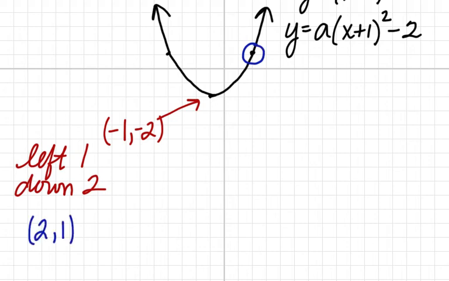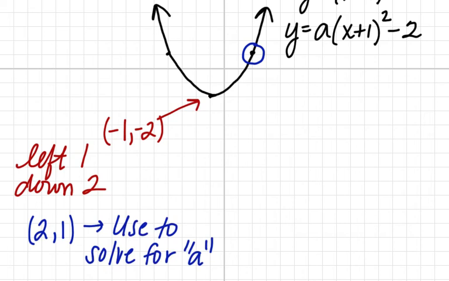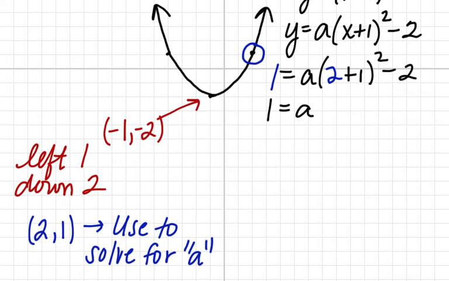I'm going to use this point to solve for A. So I'll be substituting 1 in for the y value, and I will substitute 2 in for the x value. And this gives us an equation that we can solve for the missing variable.